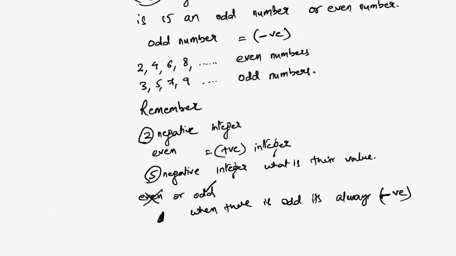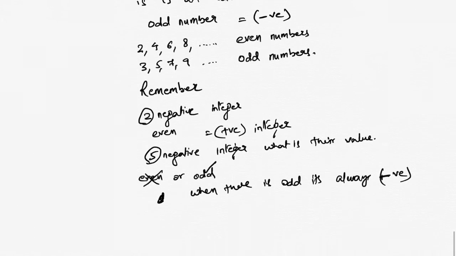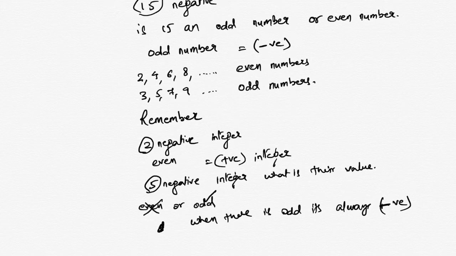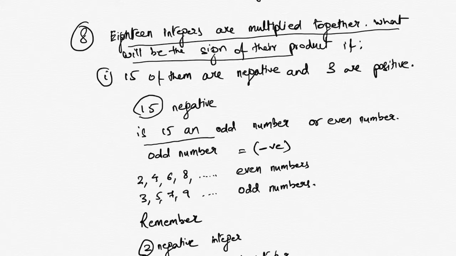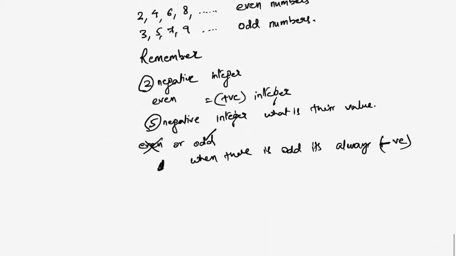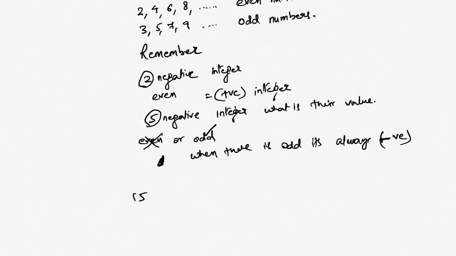So we are going to come back to the problem. The problem is this one. 18 integers are multiplied together. What will be the sign of the product if 15 of them are negative and 3 are positive? Okay, 15 of them are negative.